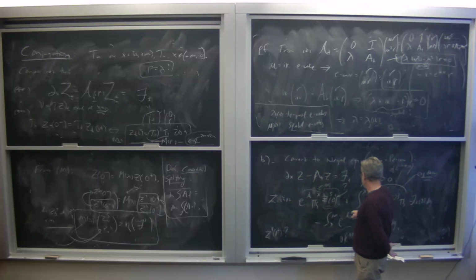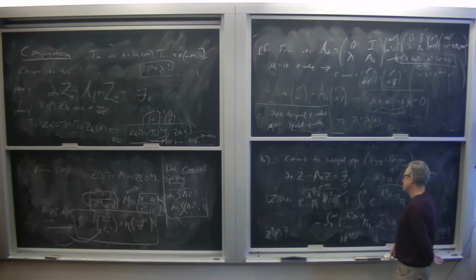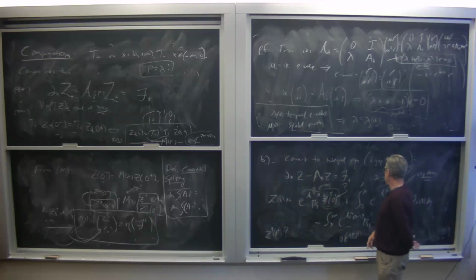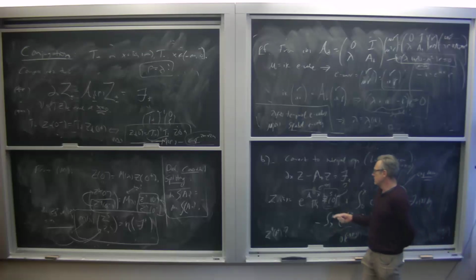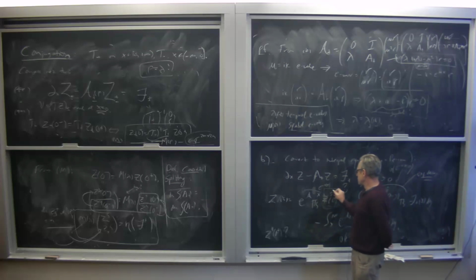The stable part, and let's look, what is the stable part? The stable part is, well, at x equals 0, I can tell you the stable part. It's this, because this becomes identity, and this is integral from 0 to 0, and this is all in the unstable part. So I know this really is the initial condition.